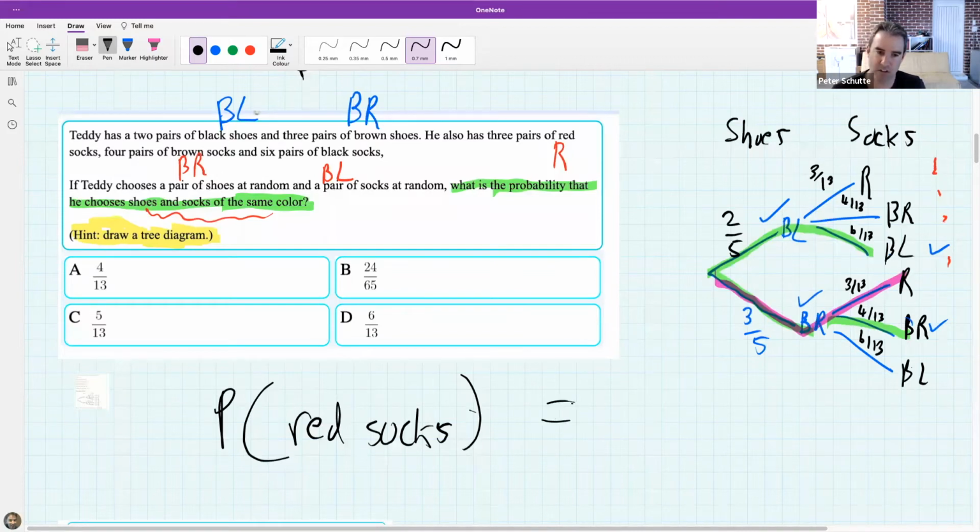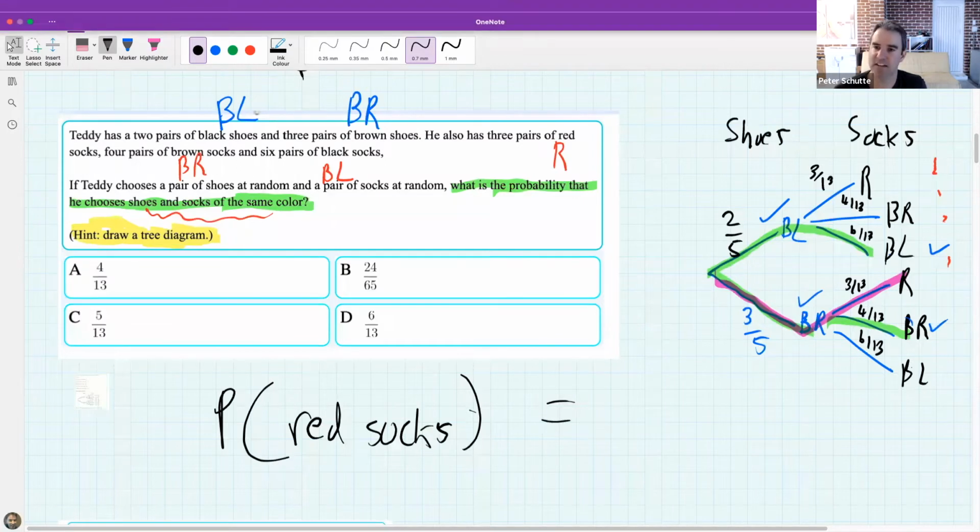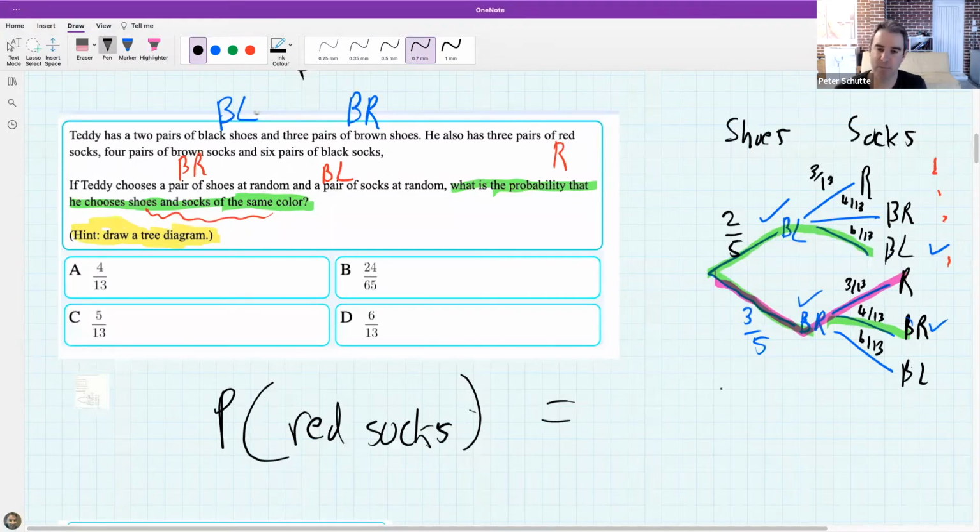What would the answer to that be? Now think about that carefully, because I'm changing the question. You're going to choose shoes and socks, but what's the probability of getting an outcome where you have red socks? It's not just 3/13. Careful, careful.